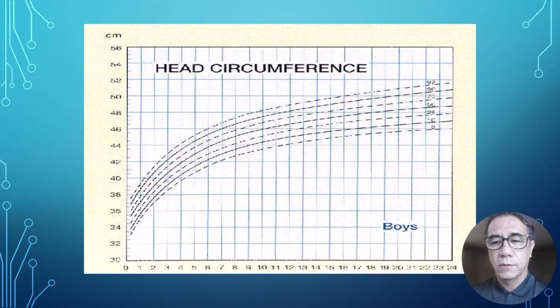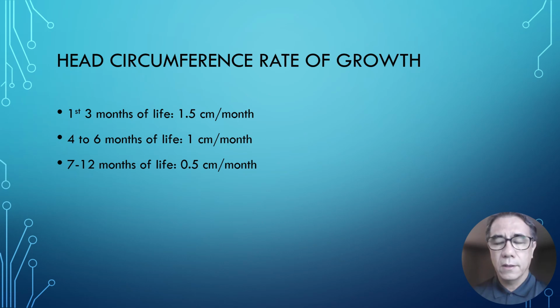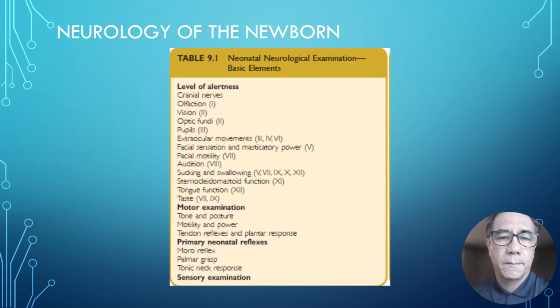So this is an old slide, but now we use the Z-curve. On average, the head grows by 1.5 centimeter a month for the first 3 months of life. From the 4th to the 6th month is about a centimeter a month, and from the 7th to the 12th month of life, 0.5 centimeter a month.